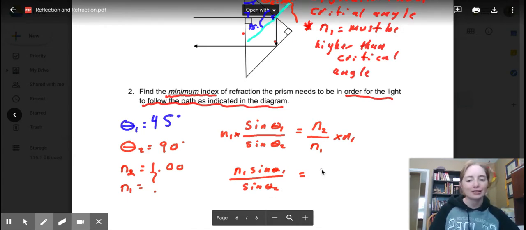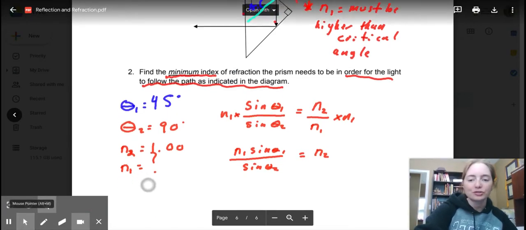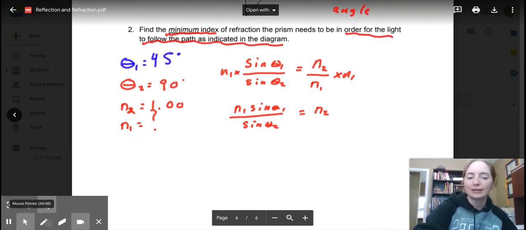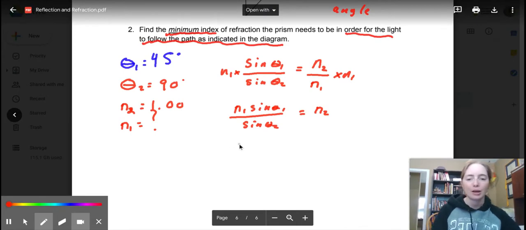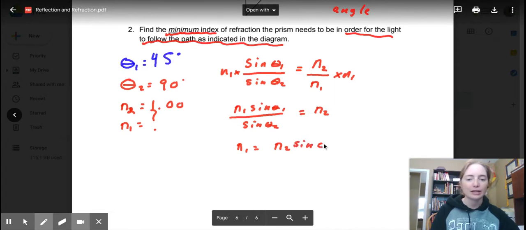And that is then going to give me my lovely rearranged equation. It's going to scroll down so I've got space. Okay, so my value of N1, ladies and gentlemen, is going to be N2 times sine of theta 2 divided by sine of theta 1.